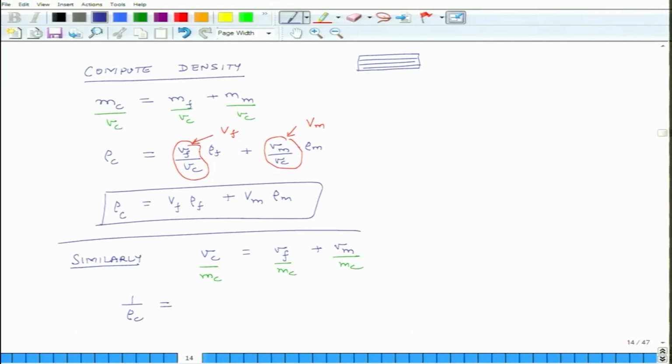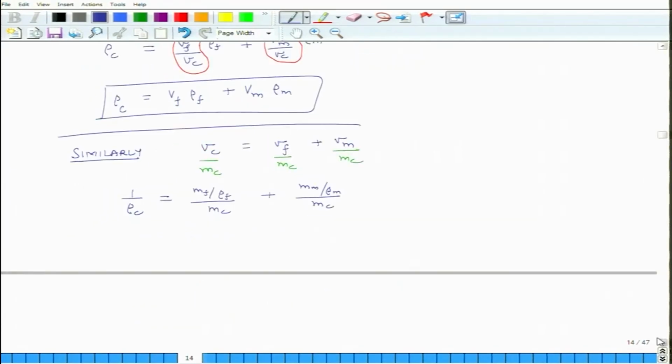what is the volume of fiber? Volume of fiber is mass of fiber divided by density of fiber, and the entire thing is divided by Mc. Similarly, volume of matrix is Mm divided by rho m, and the entire thing is divided by Mc. So, I get this term Mf over Mc, which is mass fraction of fiber, and this is mass fraction of matrix.